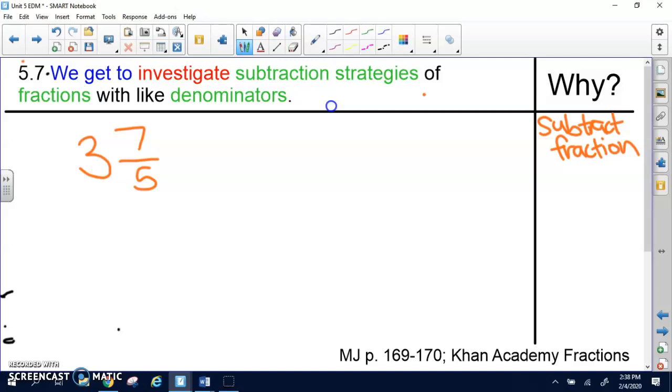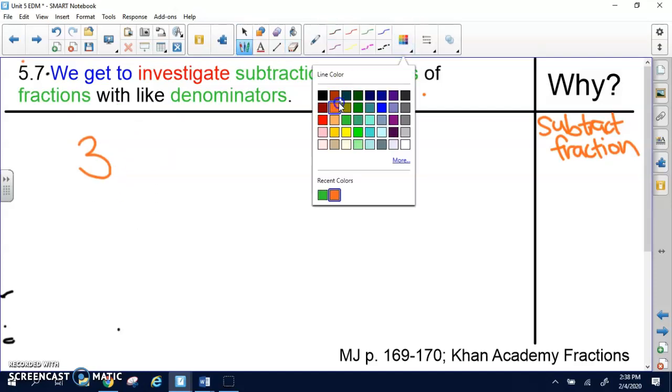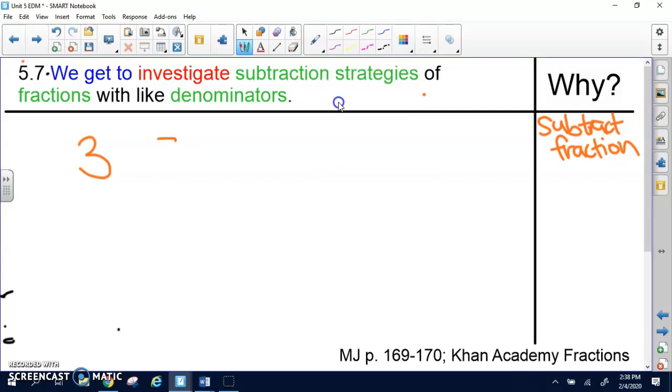How can it be simplified even more? Yes, sir. So that 7/5, right? There's a whole in there, right? What would be the whole?